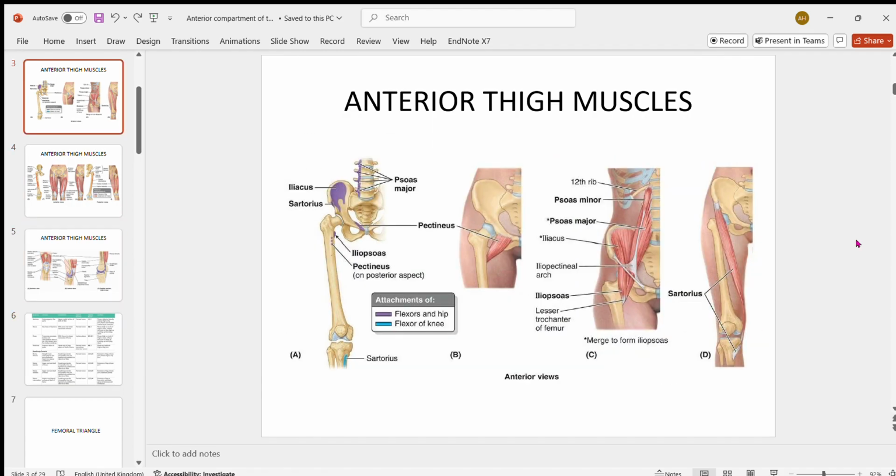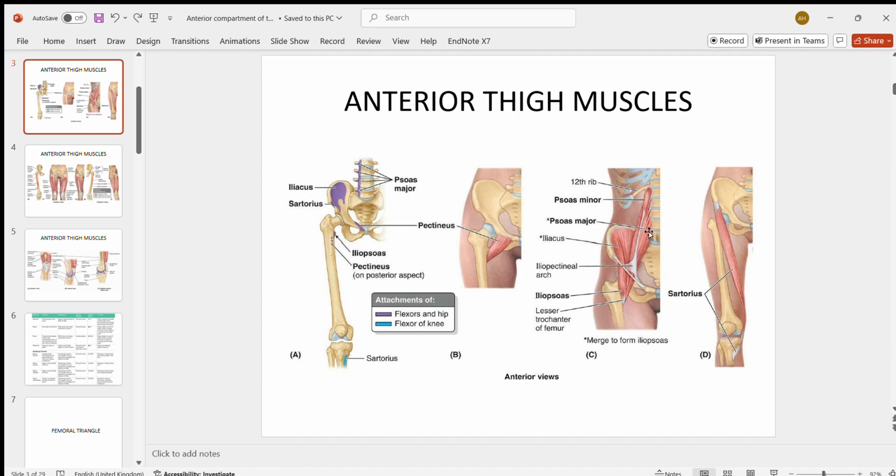Let's discuss sartorius here. Sartorius comes from the anterior superior iliac spine, and it is inserted on the medial side of tibia. Then is the iliopsoas. The iliacus originates from the iliac crest and iliac fossa, and it is inserted on the lesser trochanter of femur here. The psoas muscle, psoas major and minor.